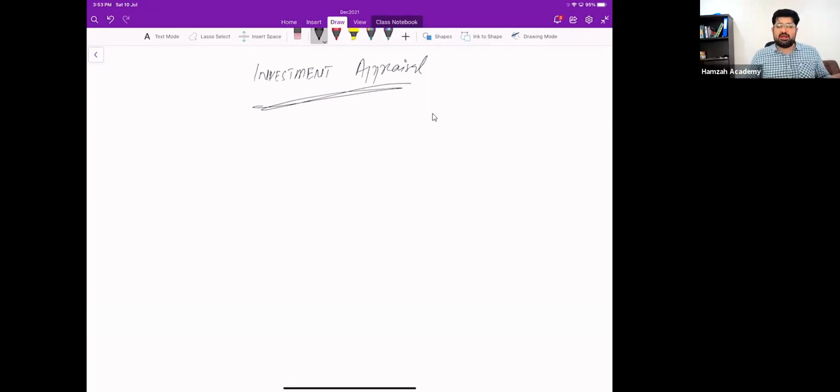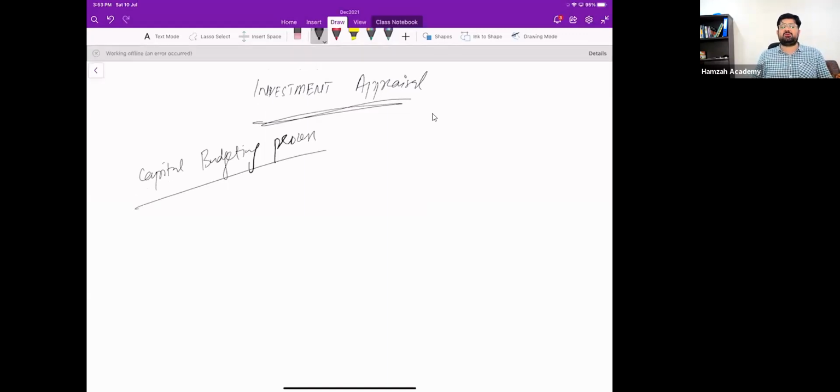So investment appraisal, we say, is the capital budgeting process. Capital budgeting process, the first topic: how companies make a budget and how they implement it.